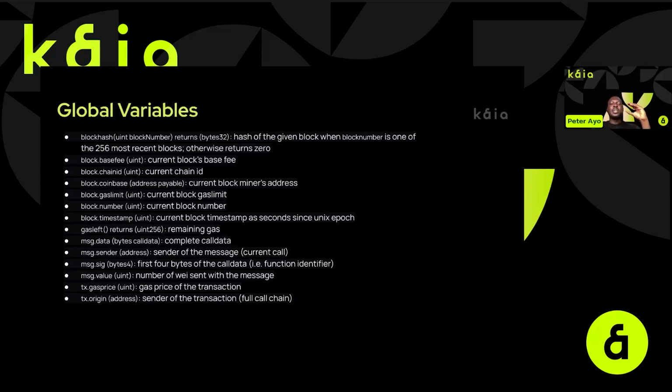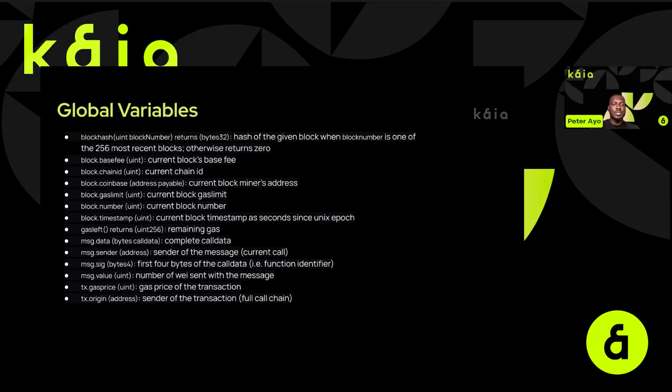This is how it identifies, especially when you're doing contract to contract interaction, what function to call or not to call, right? msg.sender returns the current sender of the message, like I mentioned: the person initiating the transaction at the time of the call. We have msg.sig, which is the first 4 bytes of the call data, also called the function selector, right?